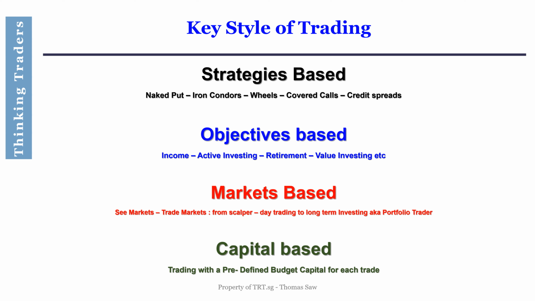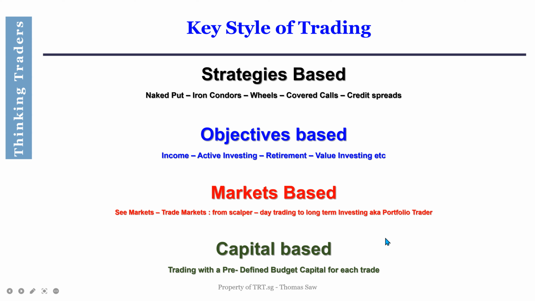Scalping basically looks at price action and candles, or you can do long-term investing. Or I see the market and do a portfolio trade, meaning I will do $20,000 of bullish trades, $15,000 of bearish trades, and another $30,000 of income trades.